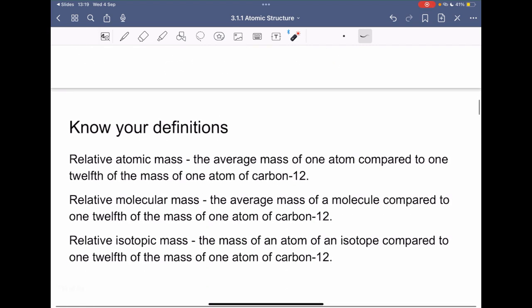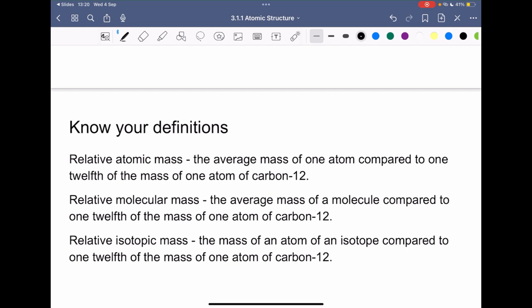Now, when we say compared to 1/12 of the mass of carbon-12, what that really means is that these atoms are really, really small, so we don't use grams or anything because they're too small. We'd get numbers like 0.0000001, really, really small numbers.